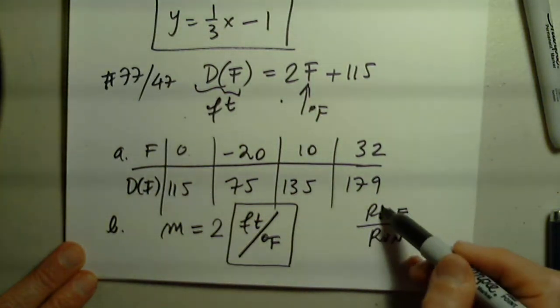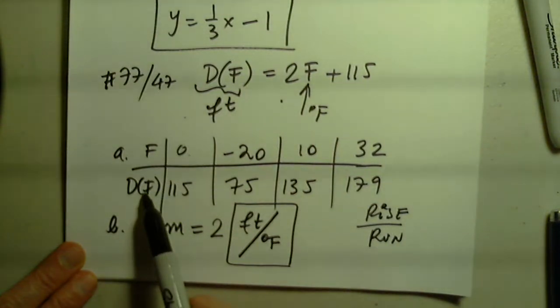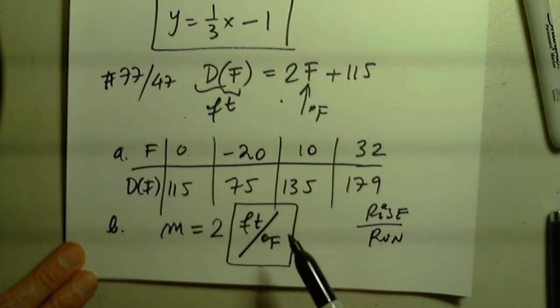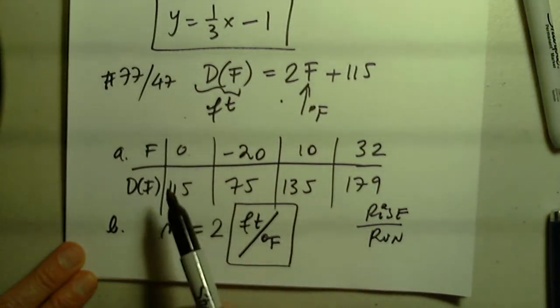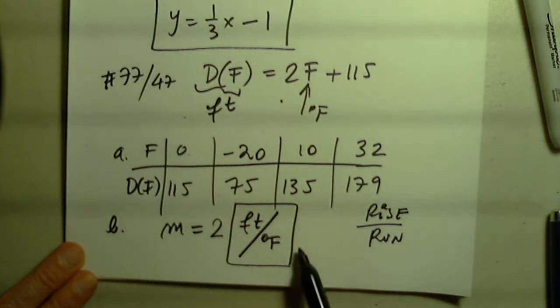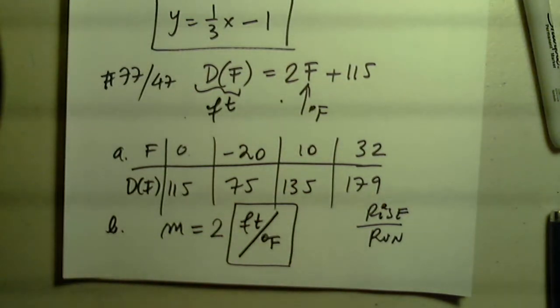So it's always rise over run. Rise means the y value, which is measured in feet. Run means the x value, which is measured in degrees Fahrenheit. Do we all understand this? Yes.